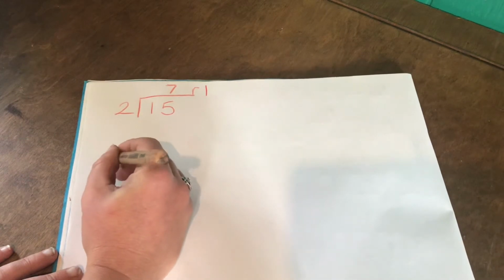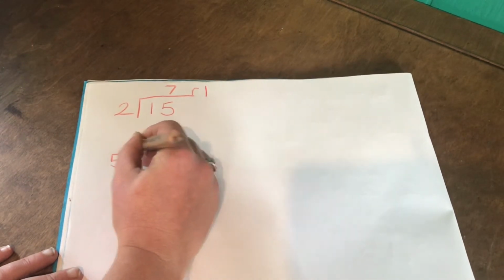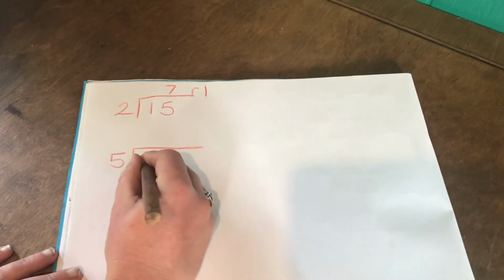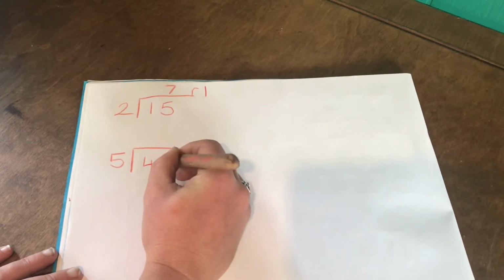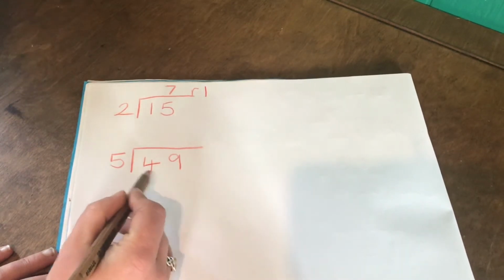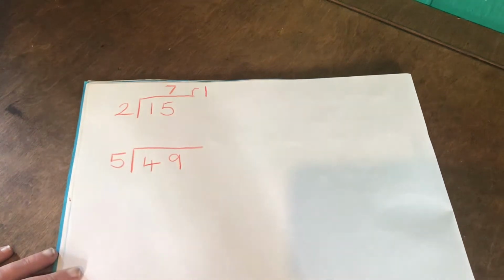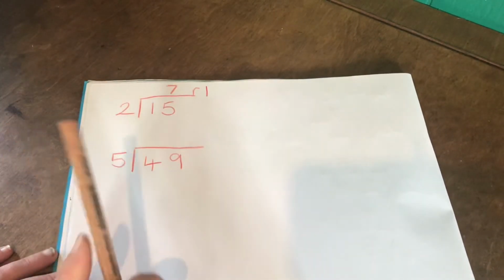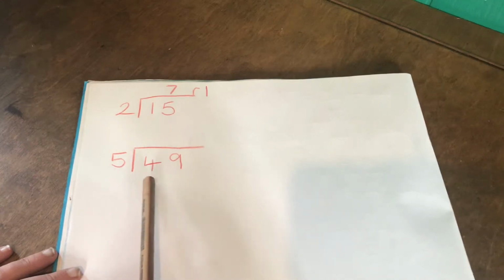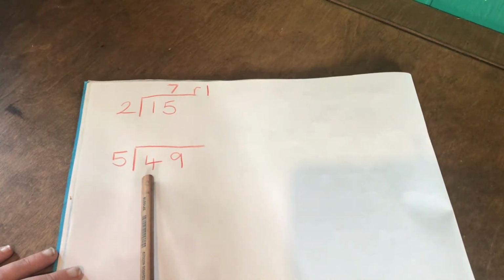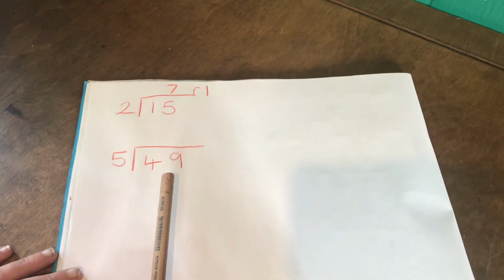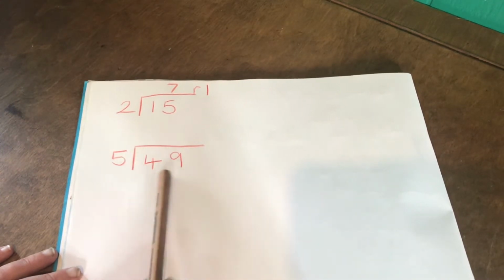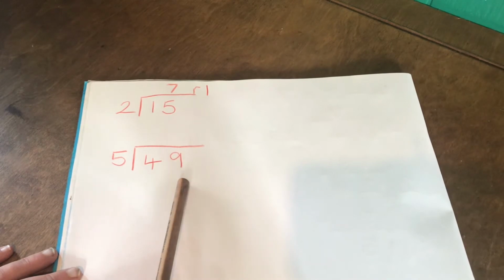And then we can move on to slightly bigger numbers. So we go, for example, 49 divided by 5. Now some children can't hold this in their heads, so they need to write down the number that's closest in the 5 times table. What's the closest number in the 5 times table? Well, the closest number is 50, but we haven't got 50, so we need to go below.